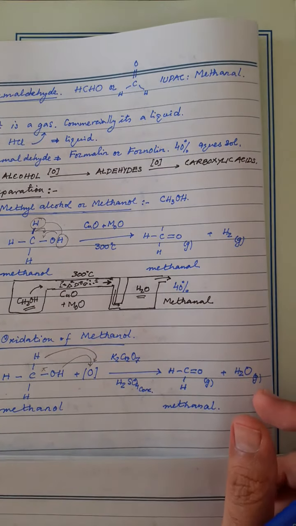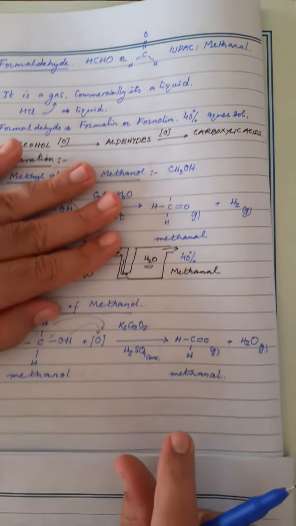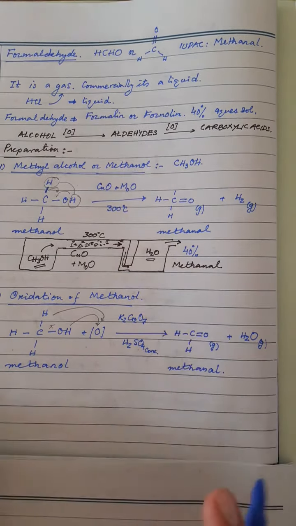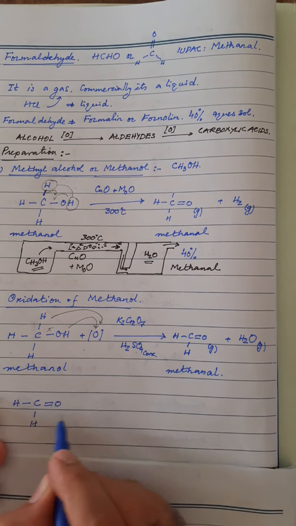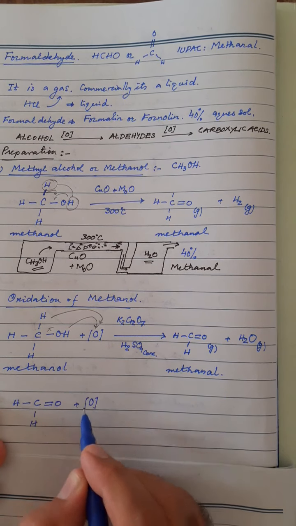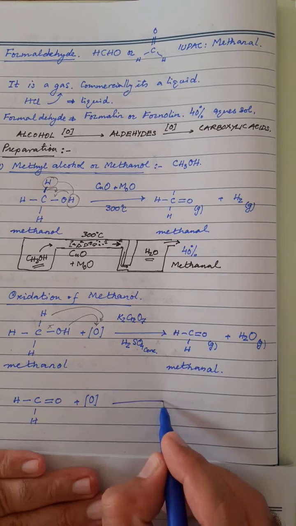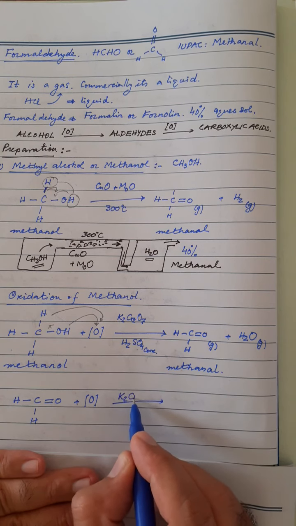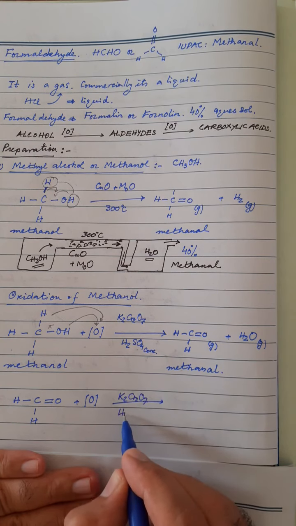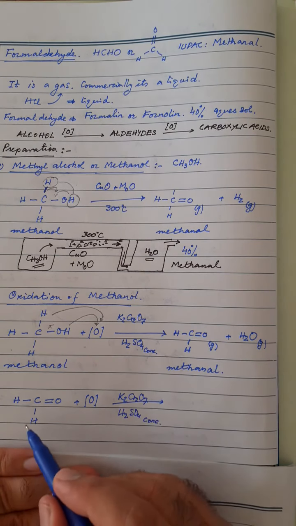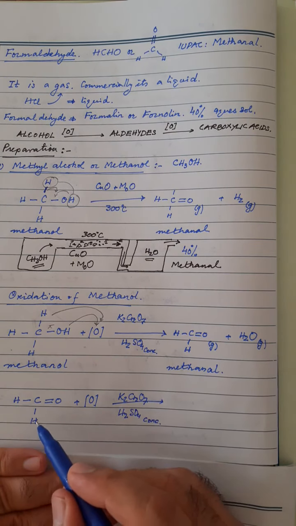Now, if you continue to oxidize methanol to methanol, and if you further oxidize methanol with more oxygen, which basically comes from potassium dichromate and concentrated sulfuric acid, it will be further oxidized.